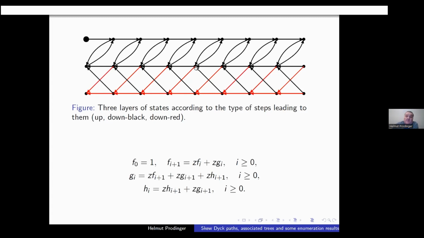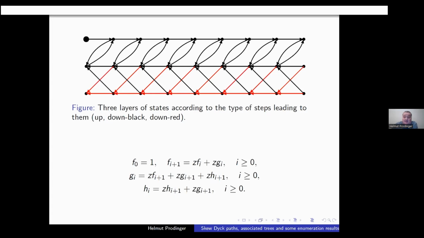You could either come from here, this is G_{i+1}, or from here, which is F_{i+1}, or from here, which is H_{i+1}. We do this for all these three sequences and write down the recursions. All these functions depend on z, which I don't make explicit, not to overload the description.